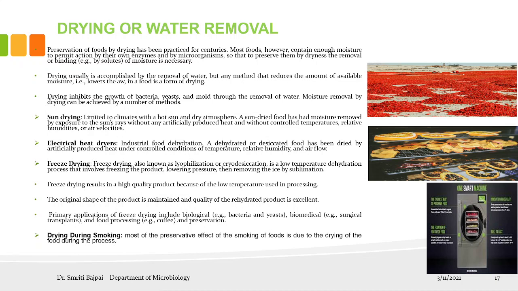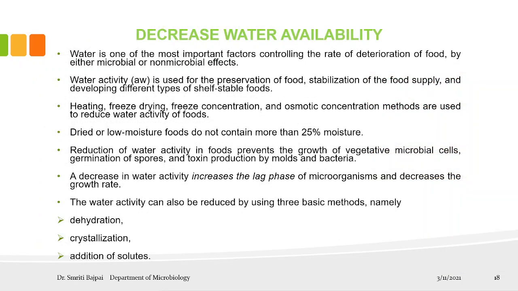Okay, so this can be done by sun drying, electric drying, and freeze drying. Here you can see sun drying, electric drying, and freeze drying. Smoking, drying during smoking, is also one of the important methods of drying. Now, the decreased water availability.